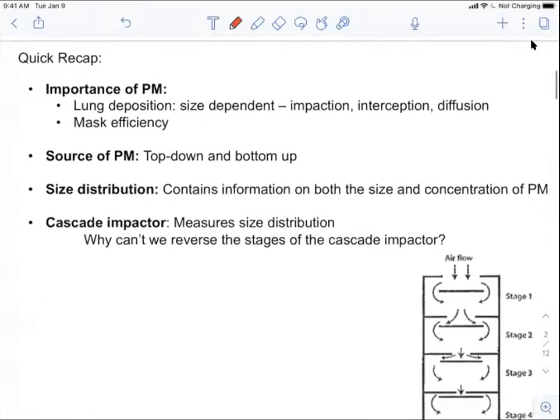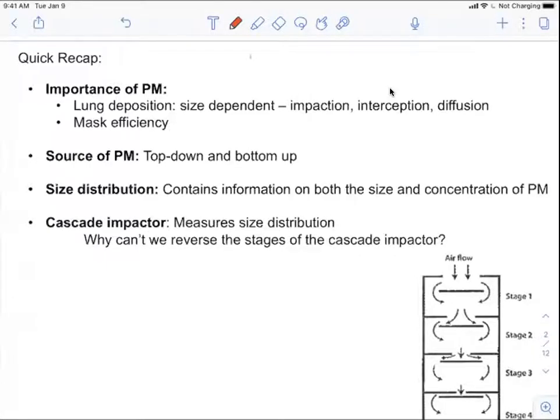So last class, we mainly discussed the importance of the PM. We said that the PM is important not only because of its climate impacts, right? The most important thing is still human health. But what's quite surprising is that not all of the particles are depositing onto our lung surface, on the cells, right?